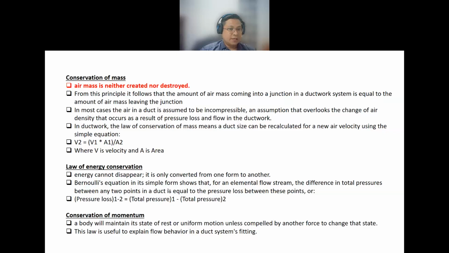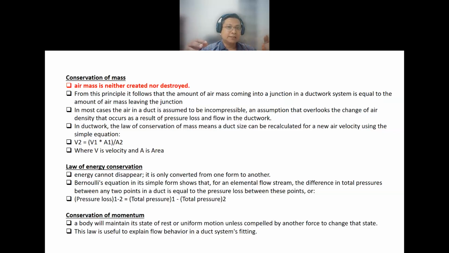Bernoulli's equation in its simple form shows that for an elemental flow stream, the difference in total pressures between any two points in a duct is equal to the pressure loss between these points. Actually, in Bernoulli, because we analyze between two points, from the left side as the first point to the right side as the second point, it should be balanced.